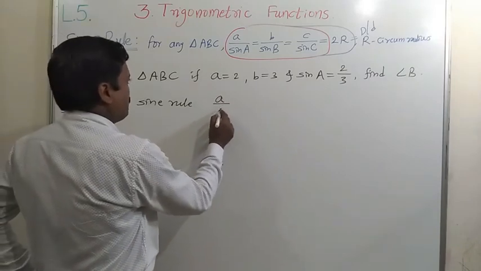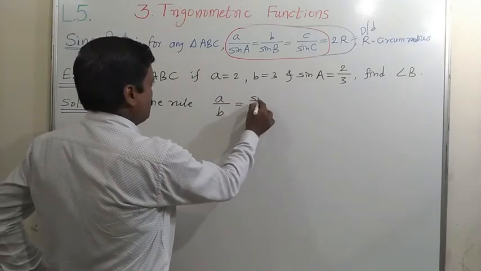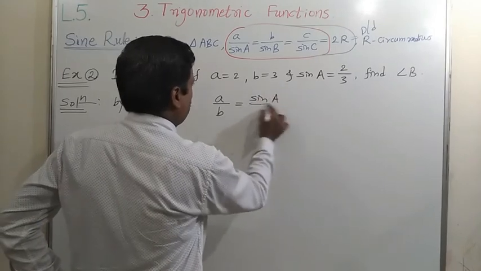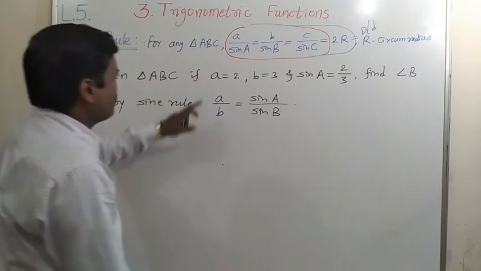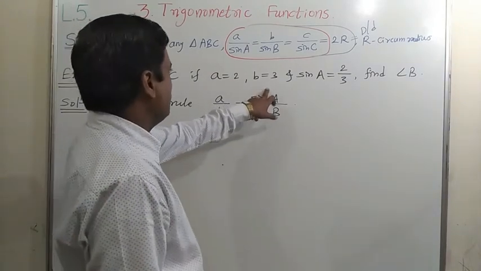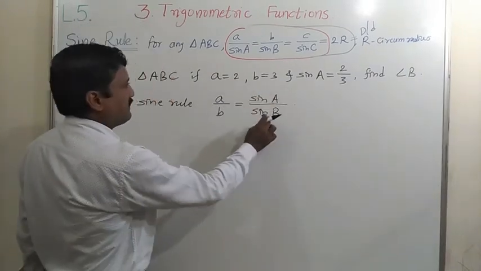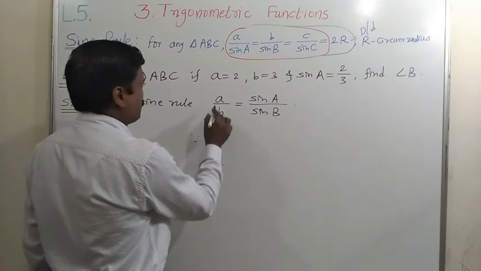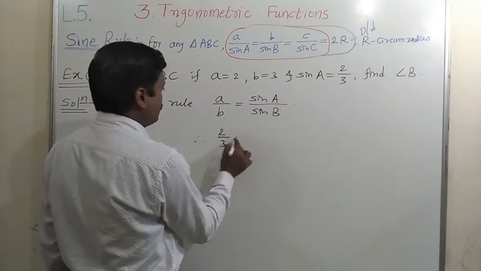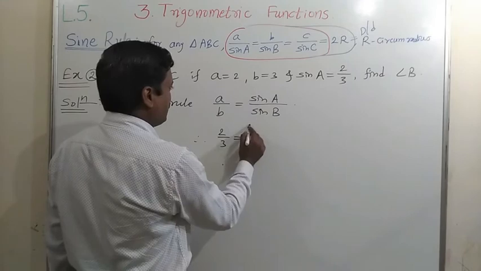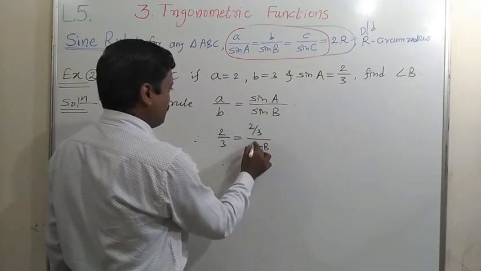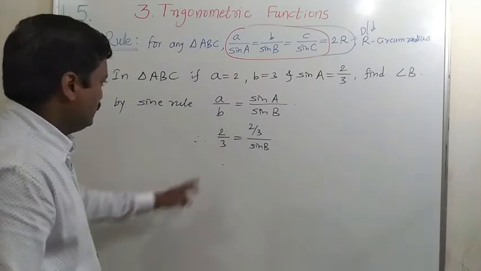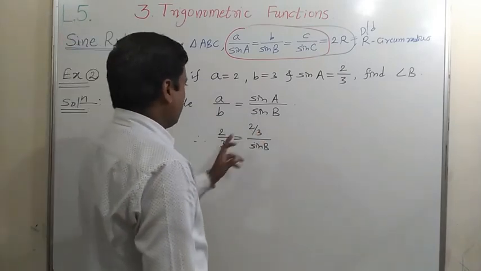A upon B is equal to sin A upon sin B. Because A, B and sin A are given, we can use this result to find the angle B. Therefore, A upon B is 2 by 3, it is equal to sin A, which is given directly as 2 by 3, upon sin B. So here this 2 by 3 gets cancelled.